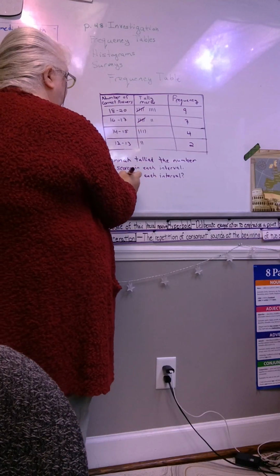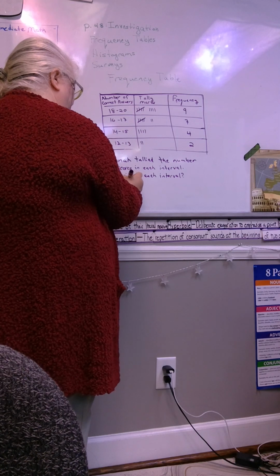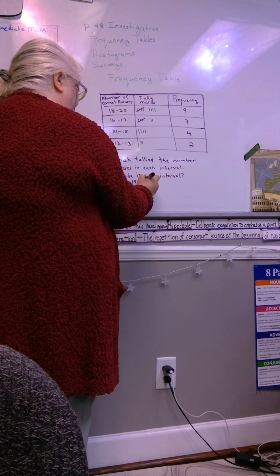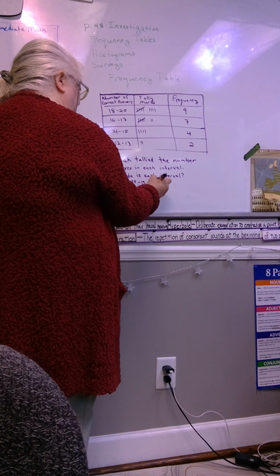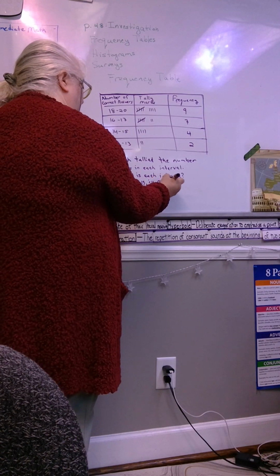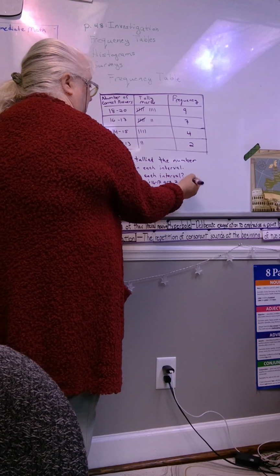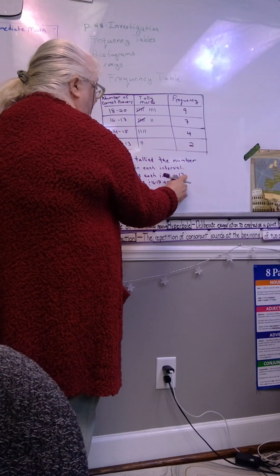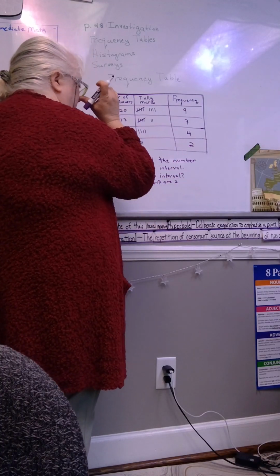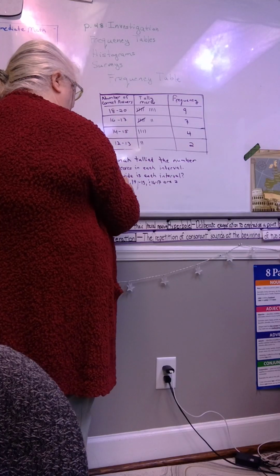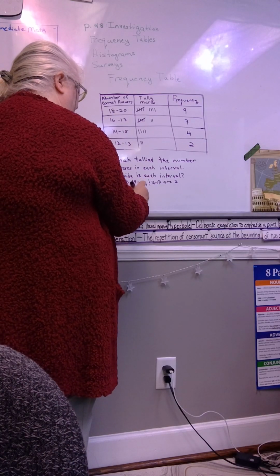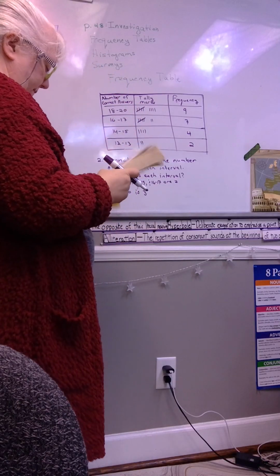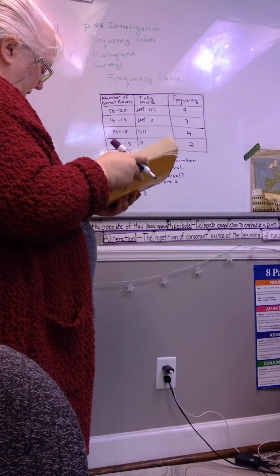So 12 through 13, 14 through 15, and 16 through 17 are 2. And then 18 through 20 is 3. Okay.